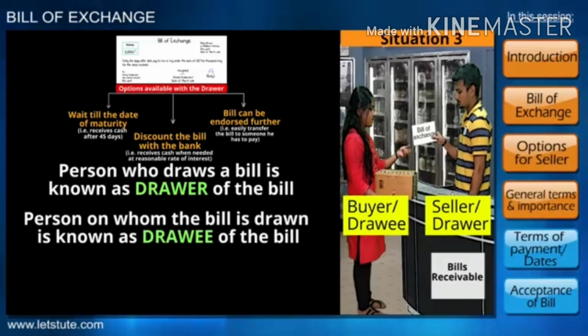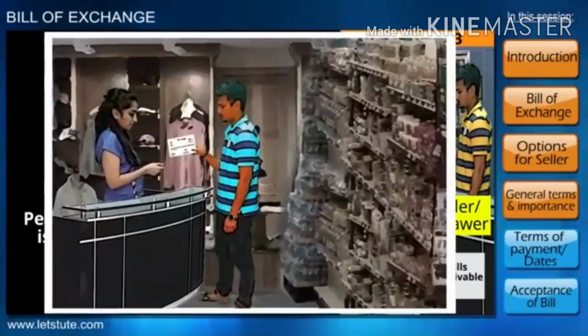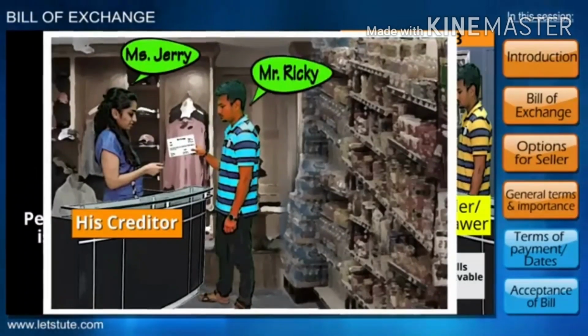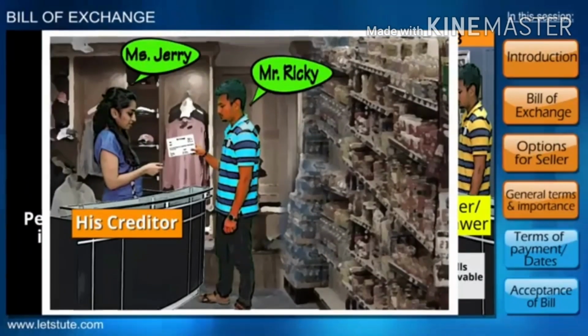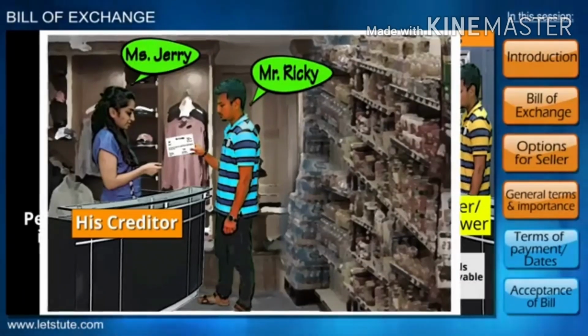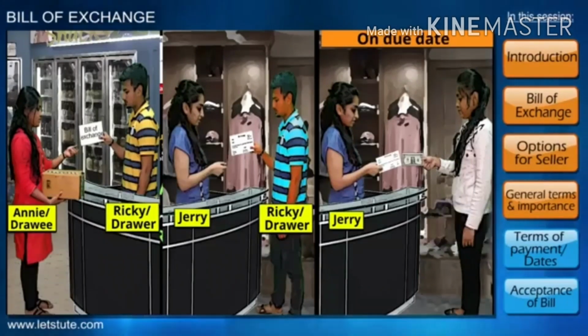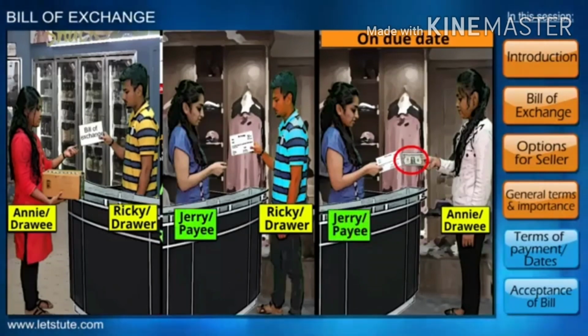And since she is going to pay cash, for her this instrument is bills payable. And now if Ricky needs to pay Jerry, her creditor, he can endorse or pass on the same bill, which he had drawn on Miss Annie, to Miss Jerry. Thus on the due date, Miss Annie will directly pay Miss Jerry. Thus, a person to whom the bill is to be paid is known as the payee of the bill.